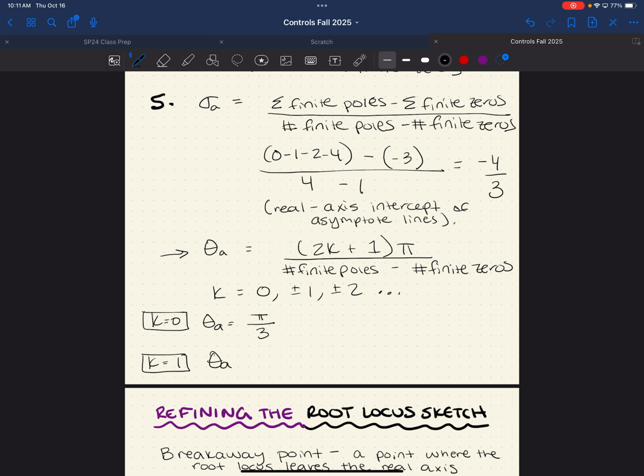Theta A is 2 plus 1, which is 3 pi, over 4 minus 1, which is 3. So this is just pi. And k equals 2, theta A, so I'll get 4 plus 1, which is 5 times pi, over 3.